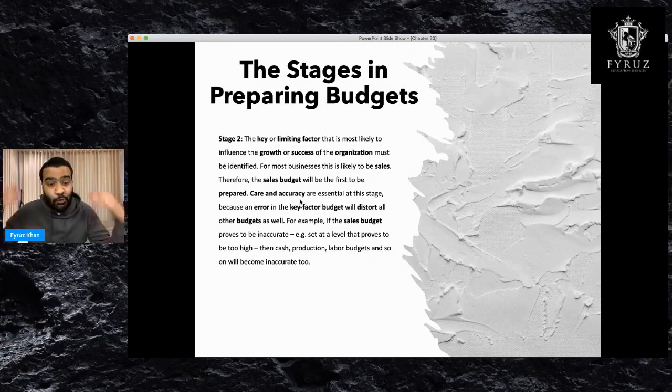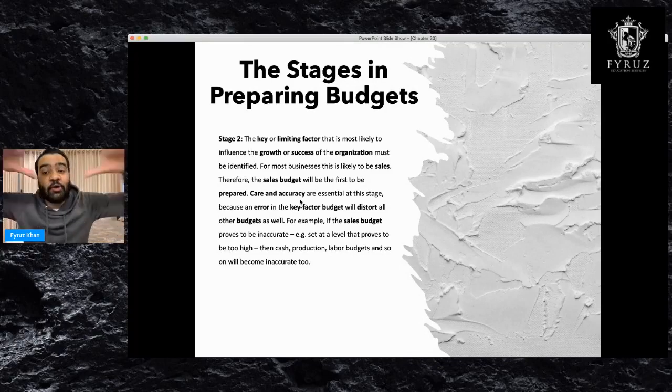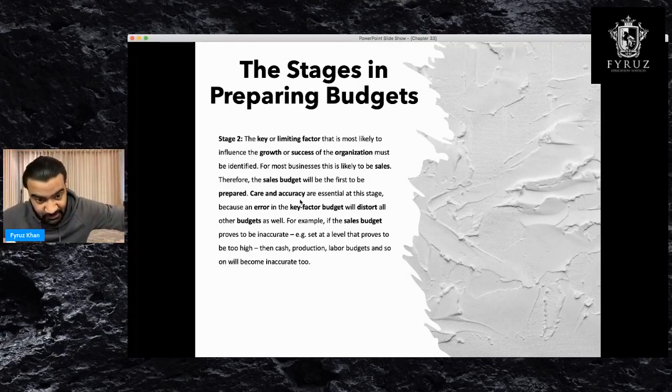So you want to make sure that sales budget is done accurately, it's done before, it's done on time, so that you can complete the budget properly. So look at the important factor, the limiting factor, the important step of the overall process, which everything depends on.